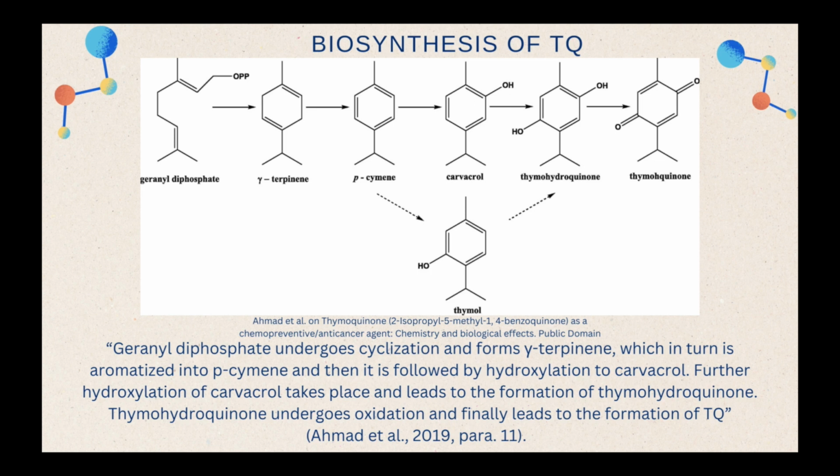This is then followed by hydroxylation to carvacrol. It goes through another round of hydroxylation and forms thymohydroquinone. It will then undergo oxidation and lead to the end result of thymoquinone.